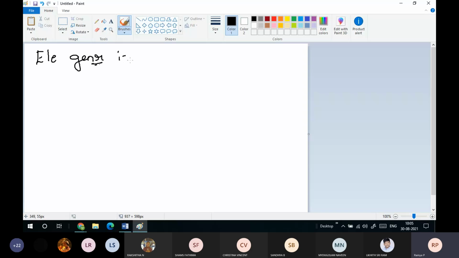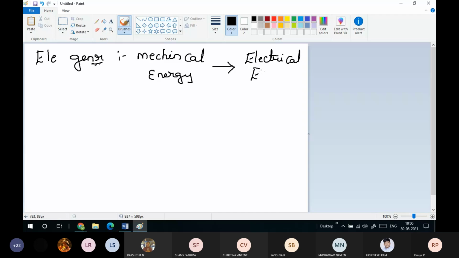Whenever the energy conversion is taking place from mechanical energy into electrical energy, you always keep in mind that in an electrical generator, mechanical energy will be transferred to electrical energy. This is called your electric generator.